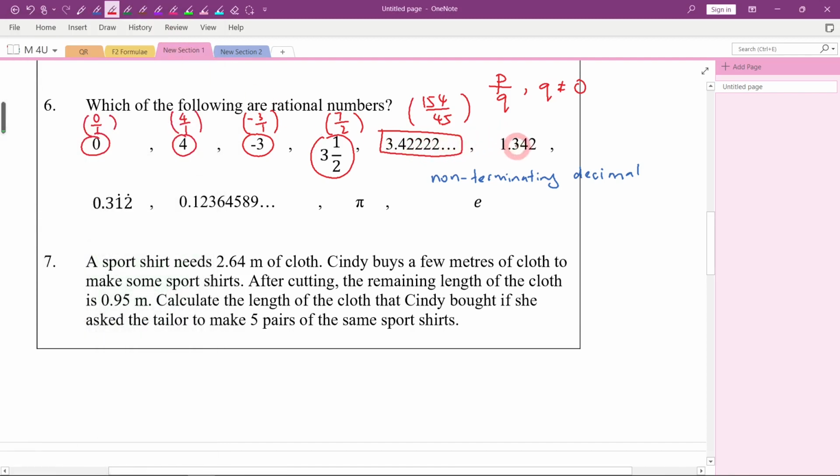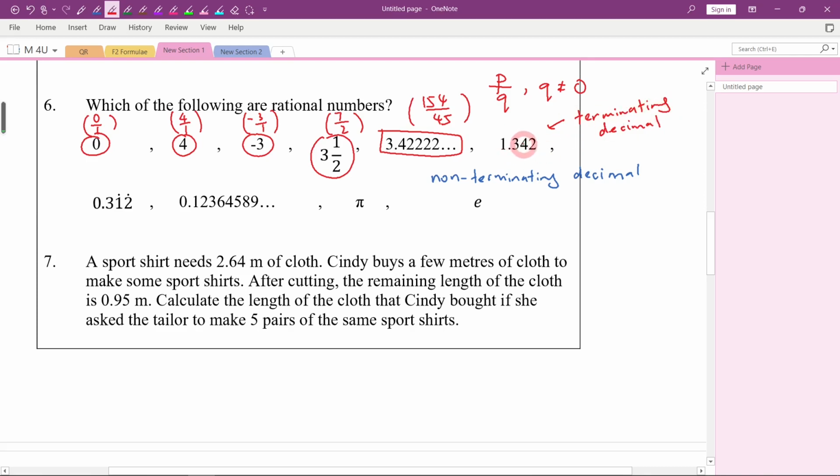How about this? This decimal has an endpoint. This is the last digit, no more digit at the back. So this one we can call a terminating decimal, which means that this decimal has an endpoint. Terminating decimal, until here, stop. So a terminating decimal is definitely a rational number.